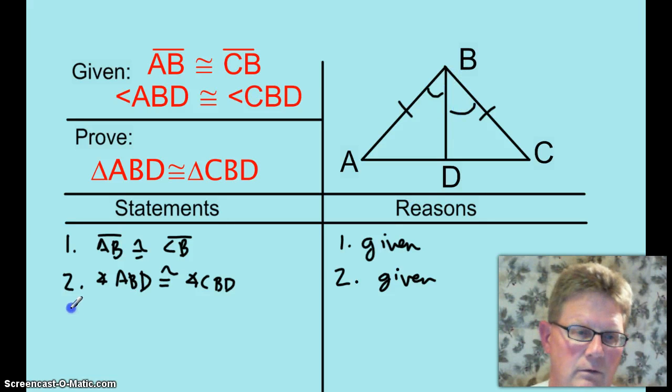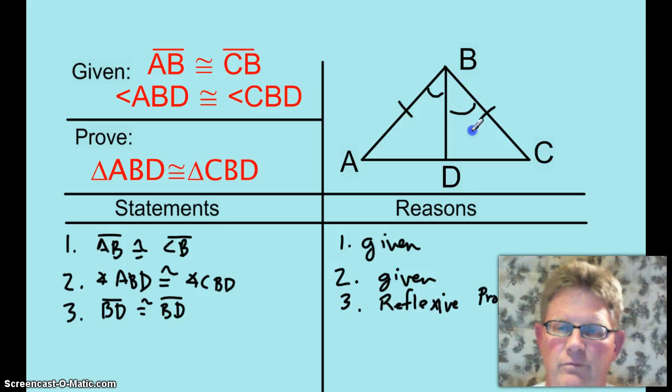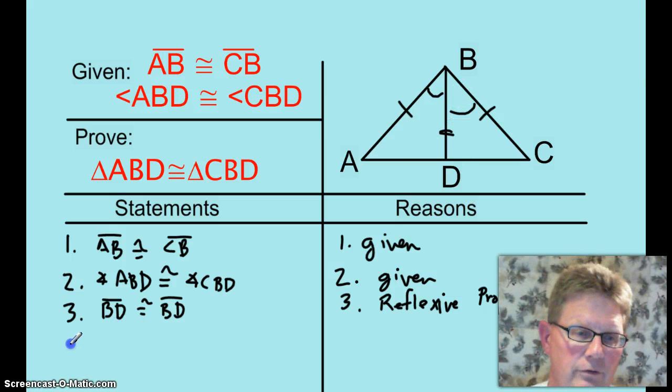And once again, we can get BD congruent to itself. Why is anything congruent or equal to itself? That's right, the reflexive property. And now that we've marked this triangle up, I think you can see why the two triangles are congruent.